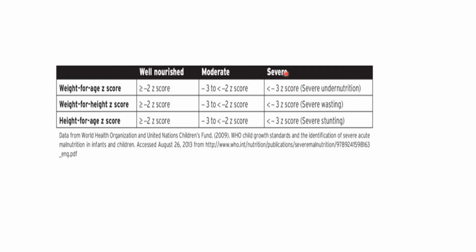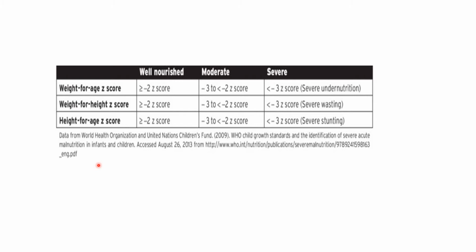Here you can see, Z score 0 is the median. On the left side -1, -2, -3 will be there. On the right side +1, +2, +3 will be there. It will give the nutritional assessment for weight for age, weight for height, height for age, and all other anthropometric measurements.